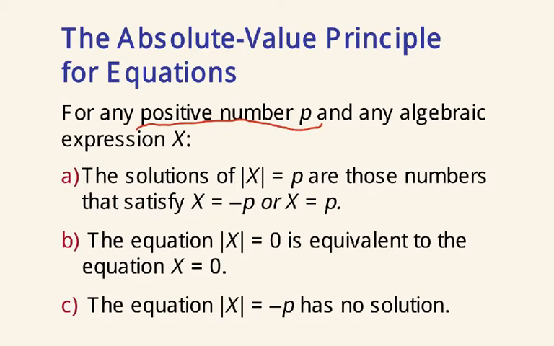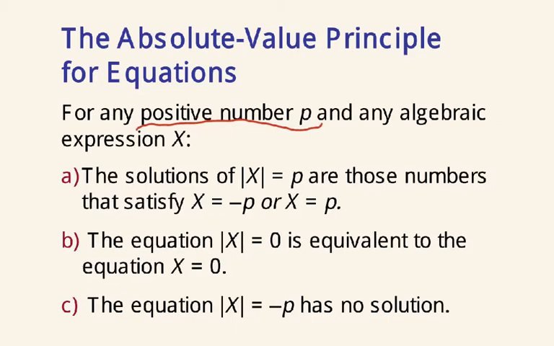The solutions of the absolute value of x equals p are the numbers that make that algebraic expression x either the opposite of p or p itself. Secondly, the equation the absolute value of x equals 0 is equivalent to the equation x, the algebraic expression, equals 0.